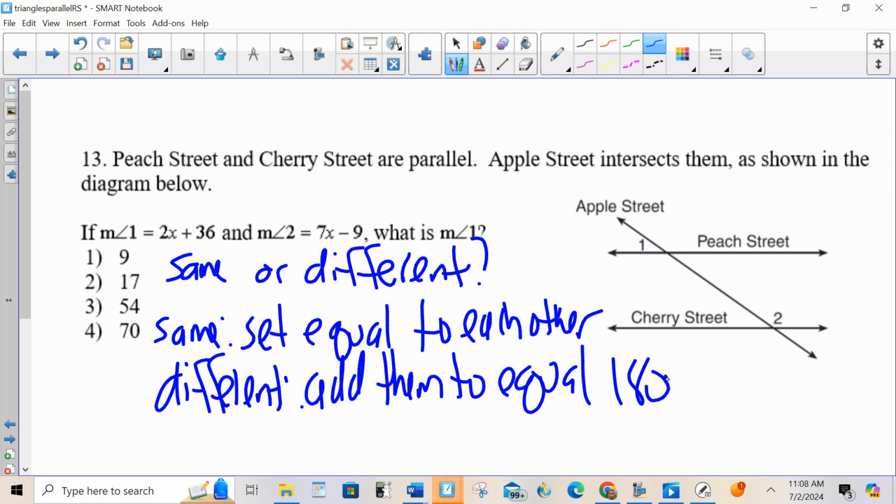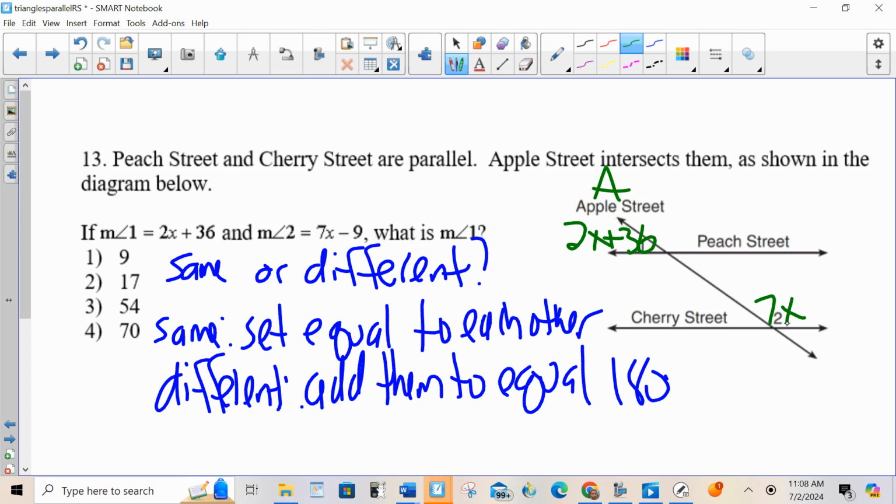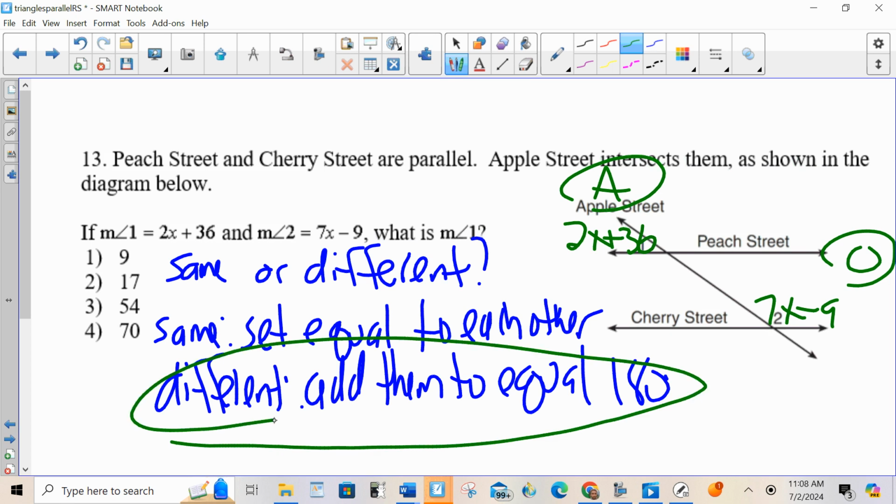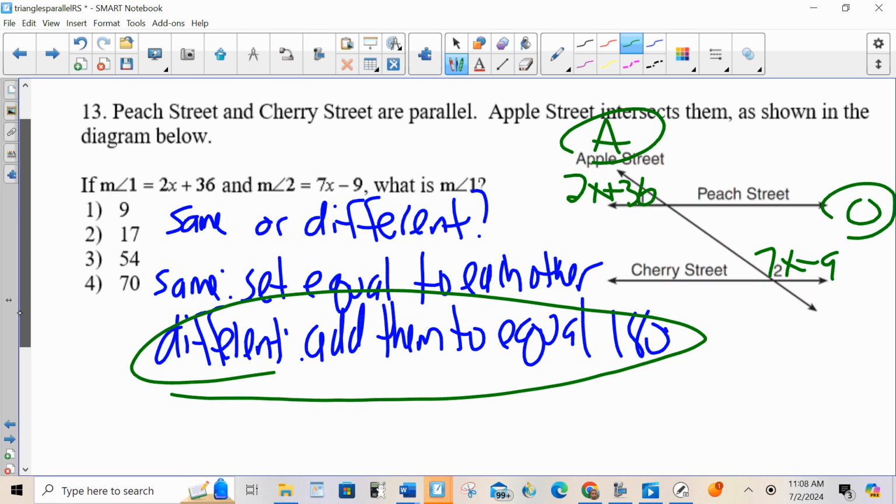So angle 1 is 2x plus 36. This is an acute angle. It's less than 90. It's smaller than 90. Angle 2 is 7x minus 9. This is an obtuse angle. One's acute, one's obtuse, which means it's different, which means they're going to add to equal 180.